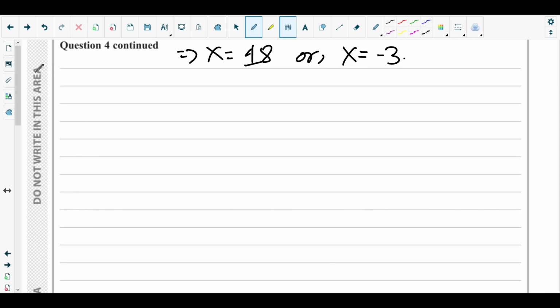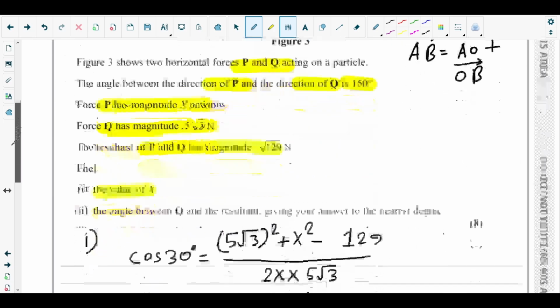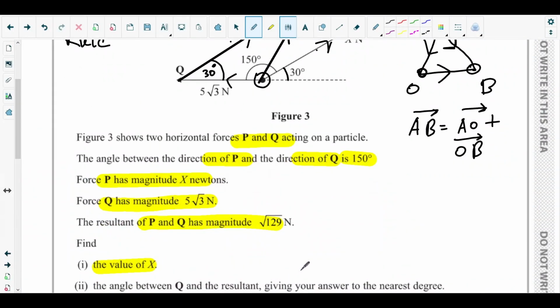So since this is magnitude, x should be 18. The value for x is 18. So x is equal to 18. So that's what they have asked for in part 1 of question number 4.